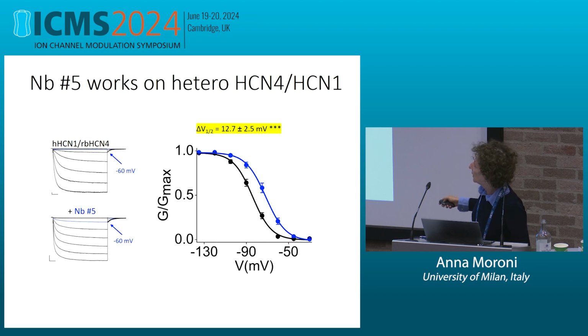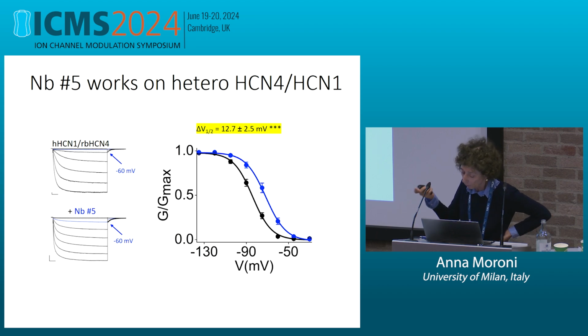And we tested, and in reality it does recognize the heteromeric channels, which means already that it is probably acting only on the monomer and not at the interaction between two subunits, and you don't need 4 to activate the channel.